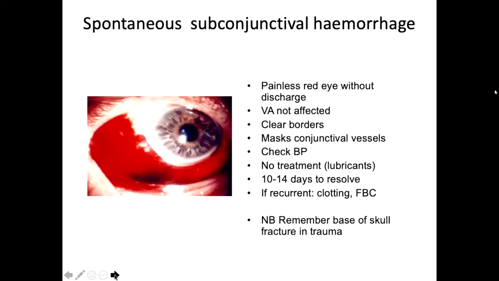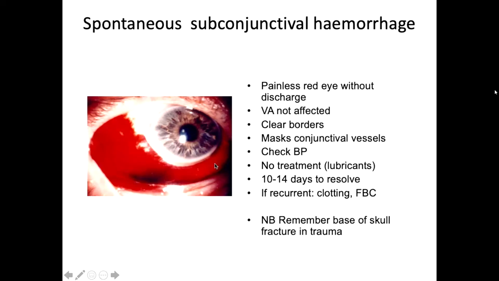Right. Then spontaneous subconjunctival hemorrhage. This is also something common. Patients are very much frightened about this because they don't know what is the reason for that. So when patients come like this, you check for the other features. There is no conjunctival edema here or inflammation. So it's only limited to this area.